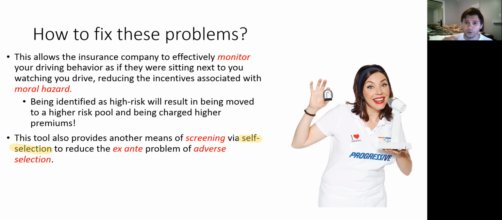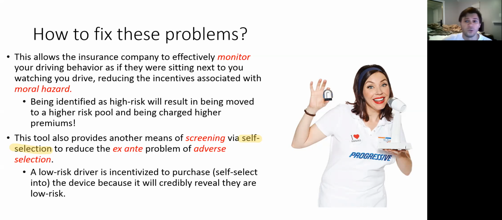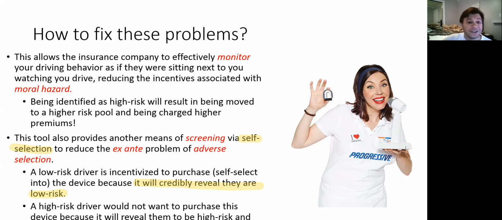And I would argue if you only have two types of drivers, low risk and high risk, the low risk driver is the only one that will want to purchase or self-select into using this device because it will credibly reveal that they are actually low risk and allow them to be moved into a lower premium risk pool. A higher risk driver would not want to purchase this device because it will reveal them to be high risk and will result in moving them to a high risk premium pool.